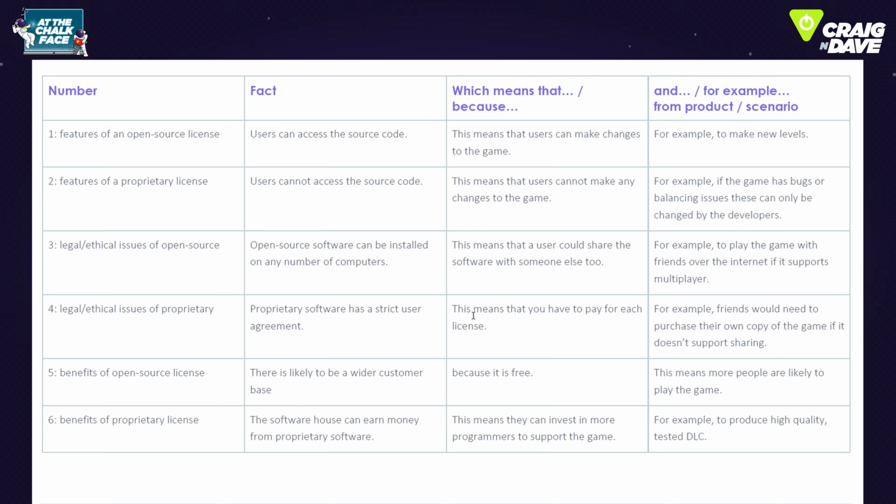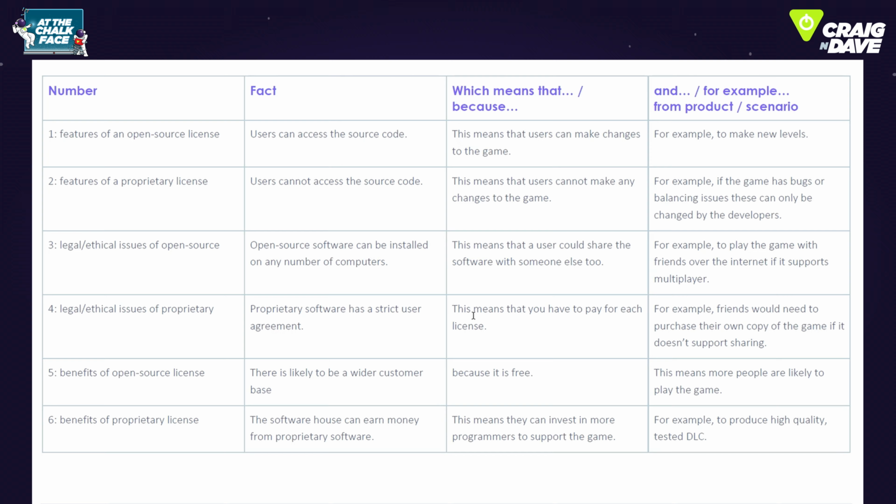And now all the students do is fill in the table. They've got all the row headings in the leftmost column because they copied that from the previous grid. Now they need to state a fact. So, feature of open source license. One fact is users can access the source code. Now, there are lots of facts. And when you will have taught the differences between open source and proprietary software, you will have identified lots of facts and lots of differences.